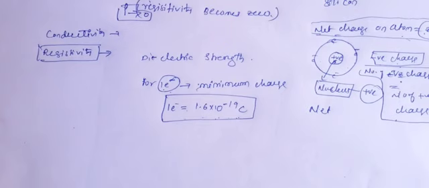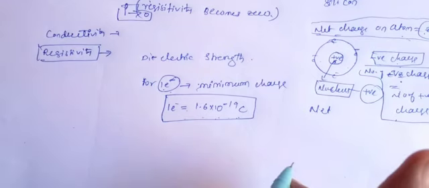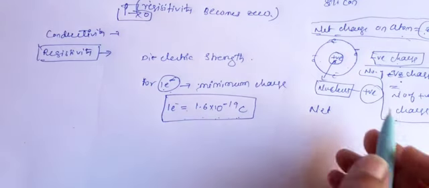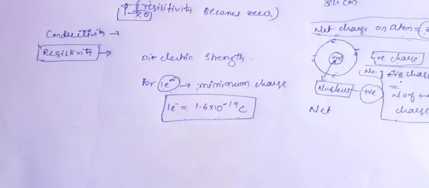Now the charge which is carried by the particle, that particle is considered to be an electron.